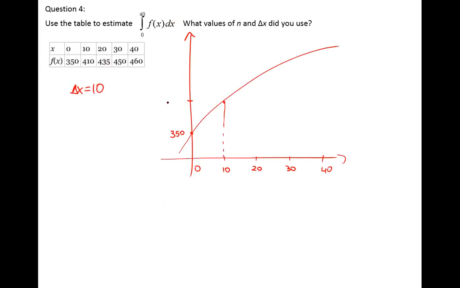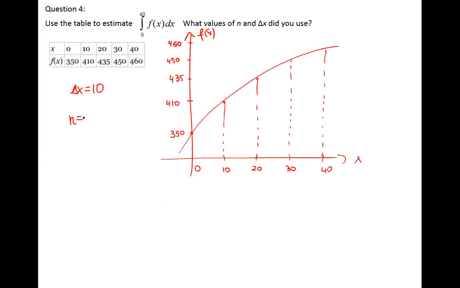For 10, the value is 410, 435 for 30, and for 40, 450 and 460. That's the function f of x, and that's x. But we can definitely see the delta x is 10.